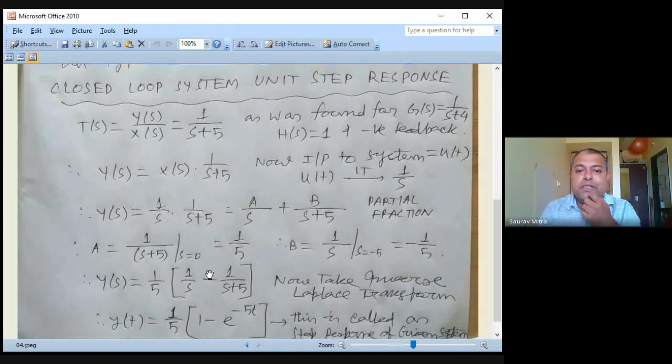I have shown you how to find the partial fraction coefficients a and b. So a you have found out as 1 by 5, b we have found out as minus 1 by 5. So Y is equal to 1 by 5 into 1 by s minus 1 by s plus 5. So what we have found out is yt is equal to 1 by 5, 1 minus e raised to minus 5t.